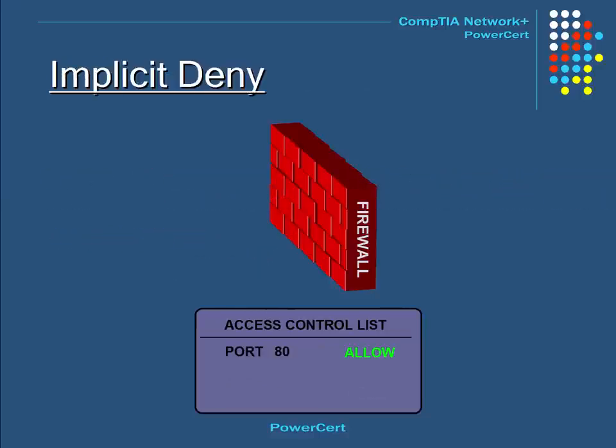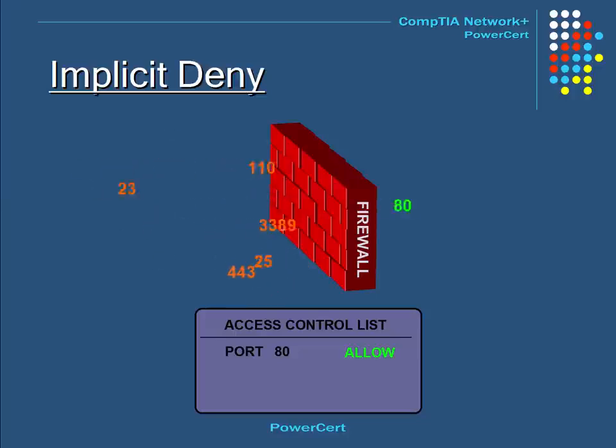Most firewalls come with a default rule of implicit deny. And what that basically means is that the firewall will only allow traffic to enter the network that the ACL specifically says that it will allow.